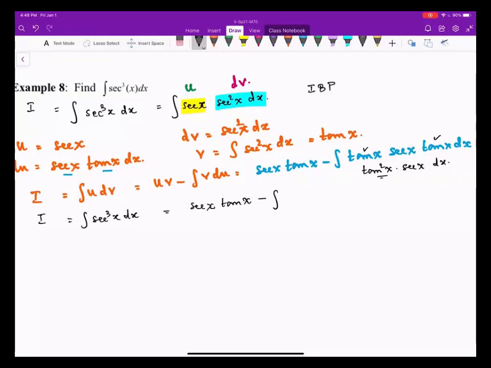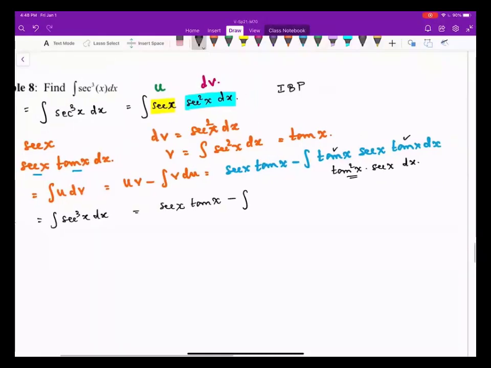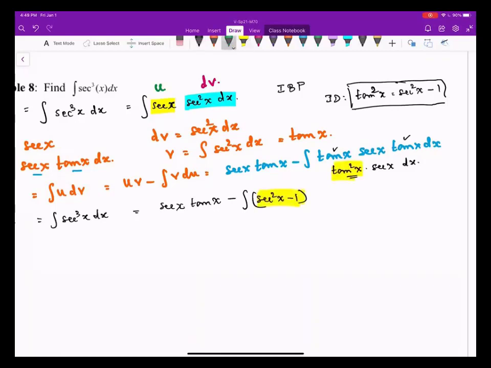The tan square can be written by a Pythagorean identity. Tan square x can be written as secant square x minus 1. This is another Pythagorean identity, one of the variations that we saw earlier. So this tan square, I'm going to write as secant square minus 1, and I'm going to keep the secant x as is.